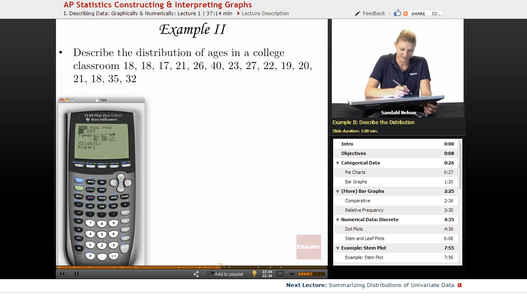Double check, everything looks good. So then we'll say zoom, and we can scroll down to zoom stat, or we could just press 9. And there we go. So the distribution of this graph is that it's skewed to the right, because I would want to kind of ski down to the right. So very easy. Put the numbers in, graph it, and then you can say very easily which way you'd want to ski down.